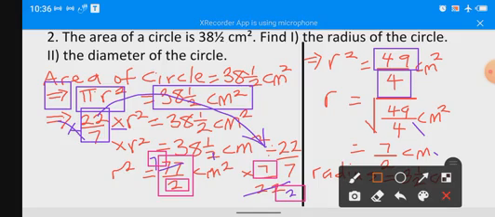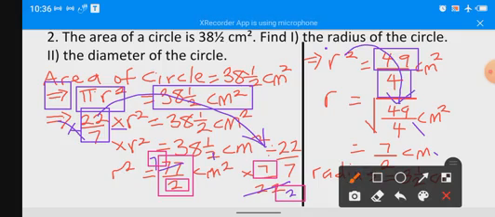Now the next thing is we want our r. We are not looking for r squared, we are looking for radius. We take the square away from r, and I told you that when a square crosses the equality sign, it becomes square root.